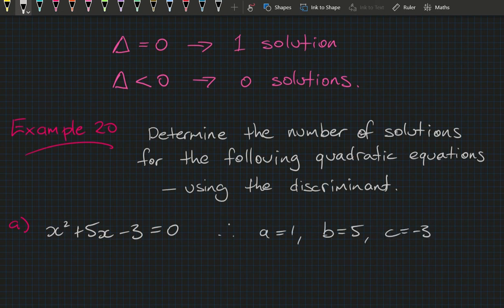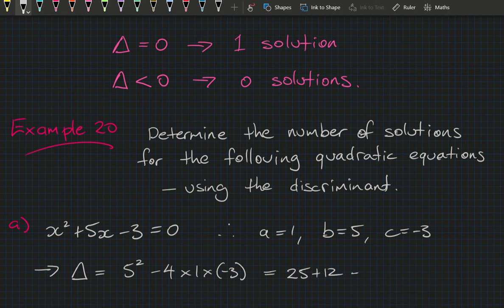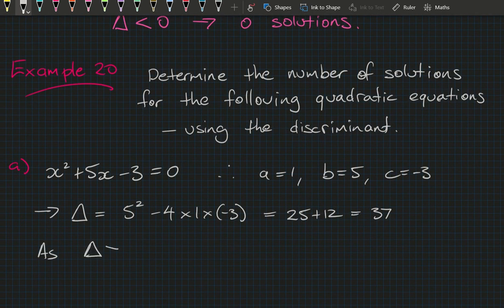So therefore our discriminant is going to equal 5 squared minus 4 times 1 times minus 3. And 4 times 3 is 12, and we've got a minus and a minus there. So we end up with 25 plus 12, which is equal to 37. So because the discriminant is greater than 0, there has to be 2 solutions.